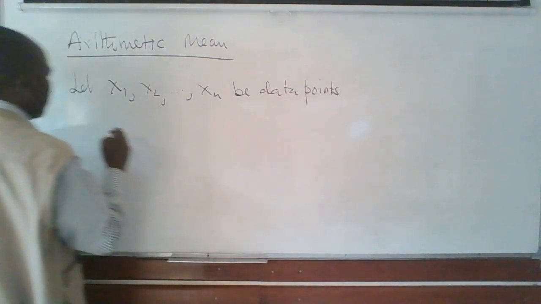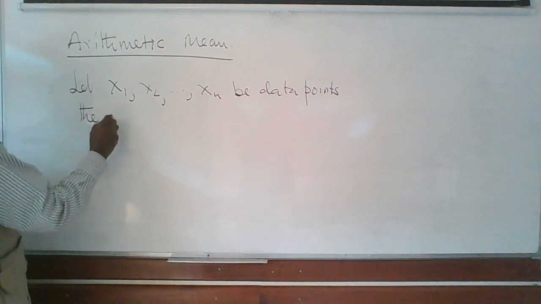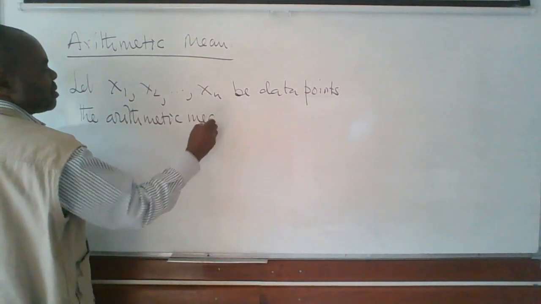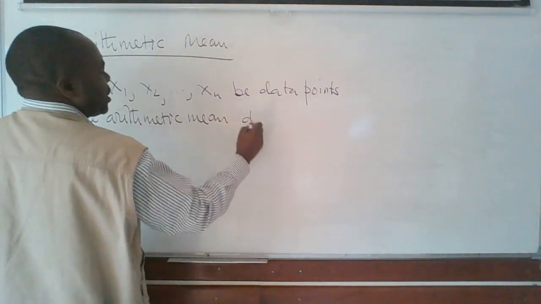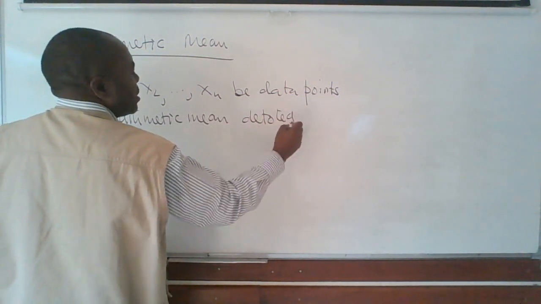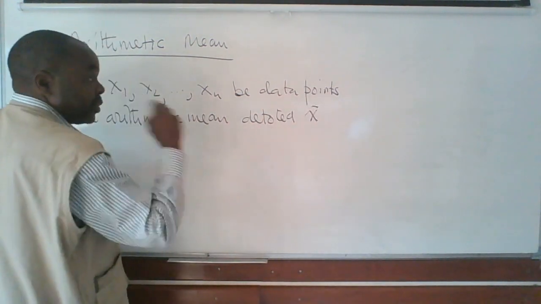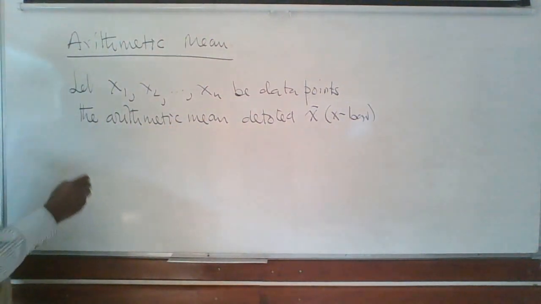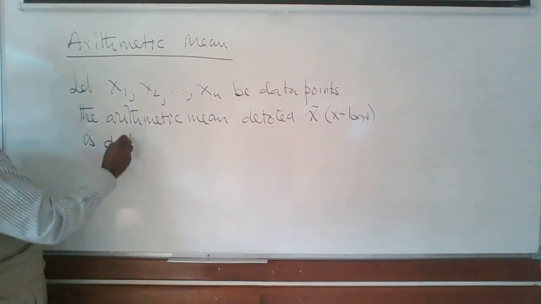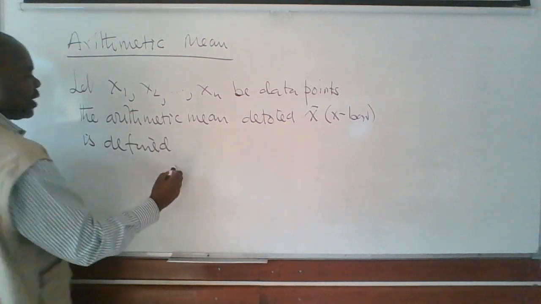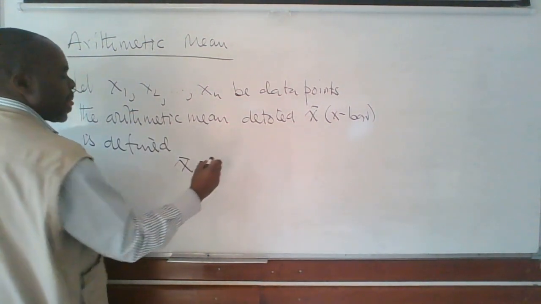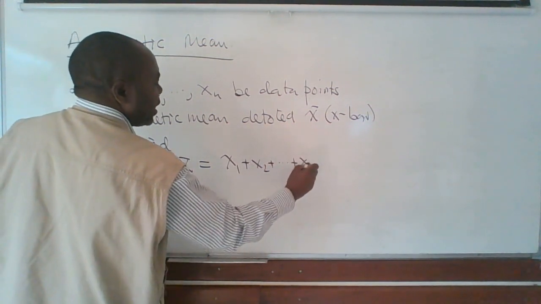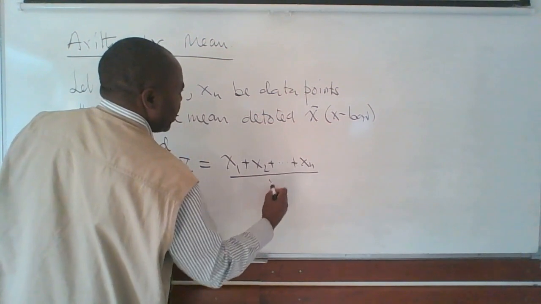So we say the arithmetic mean, denoted by x bar, you read this as x bar, is defined as x bar equal to x1 plus x2 plus and so on plus xn divided by n.